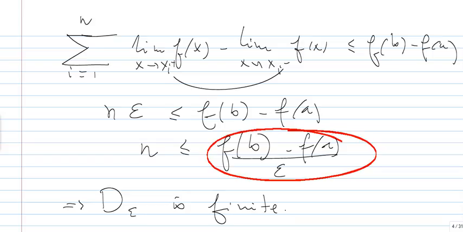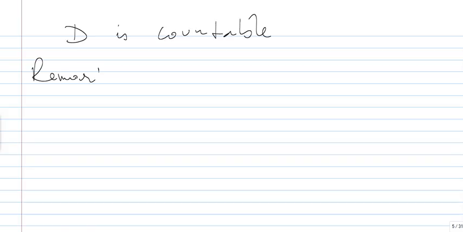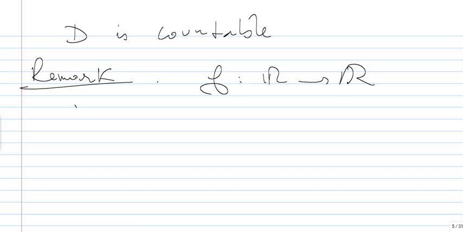One application of this: now we know that D is countable. So what happens if our function is defined on the whole real line? Remark. What happens if f is now defined from R to R and is monotone?